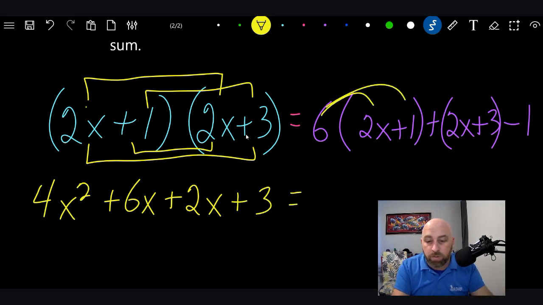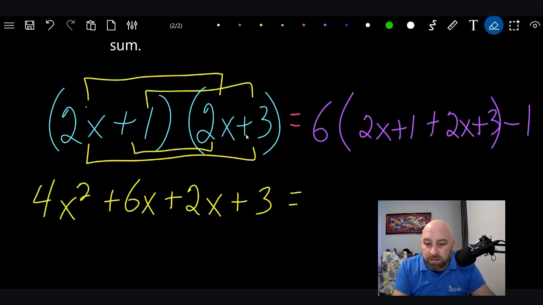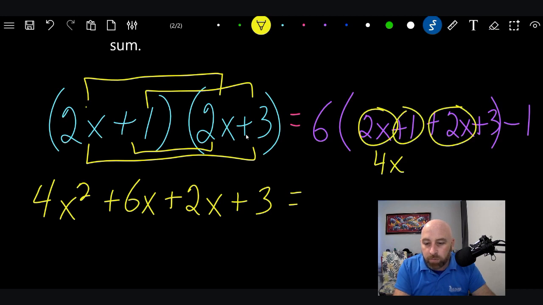What's this? Well, we need to follow order of operations. What does order of operations tell us to do? Technically, order of operations would tell us to do this first. This is just adding. We really don't even need these in there. So we're just going to add those up. We're going to get 4x, because that's the x's, and then plus 4.